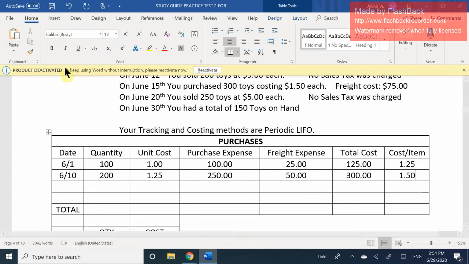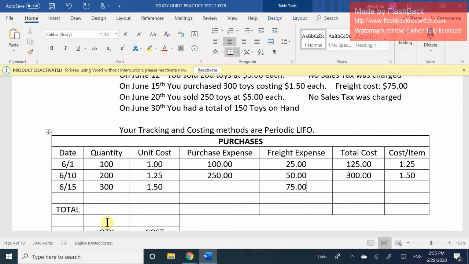Exactly. So purchases on the 15th. Okay. So the 15th, 6/15. How many items did we purchase? 300, at $1.50 each. Okay. And my freight was how much? 75.